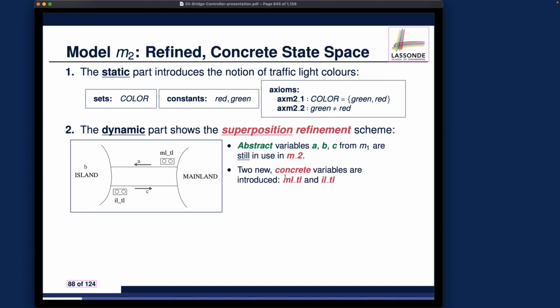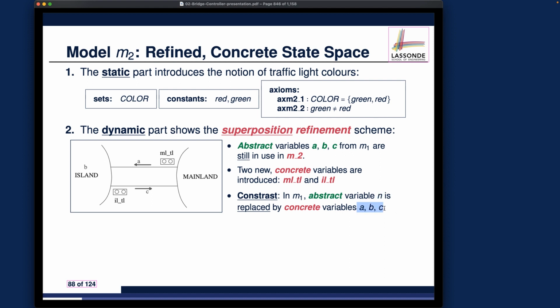And we also got two new concrete variables that are introduced, MLTL over here and also ILTL over here. And you really want to contrast this refinement mechanism when we actually go from M0 to M1, in which case we replace the abstract variable from M0 called N by A, B, and C. So that means in the case of M1, we don't really try to update the variable N, which has been replaced by A, B, and C. Right?